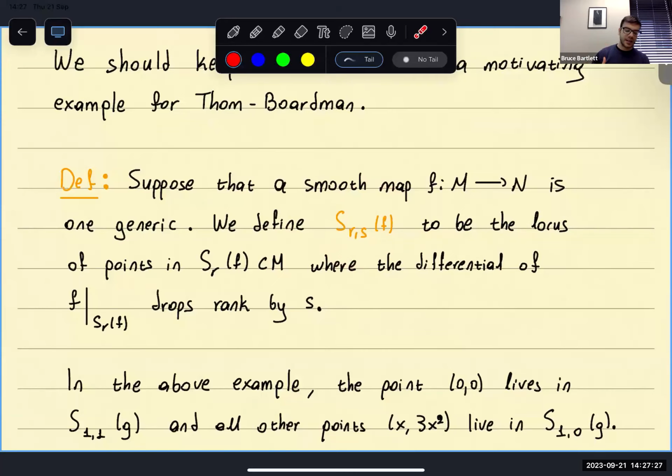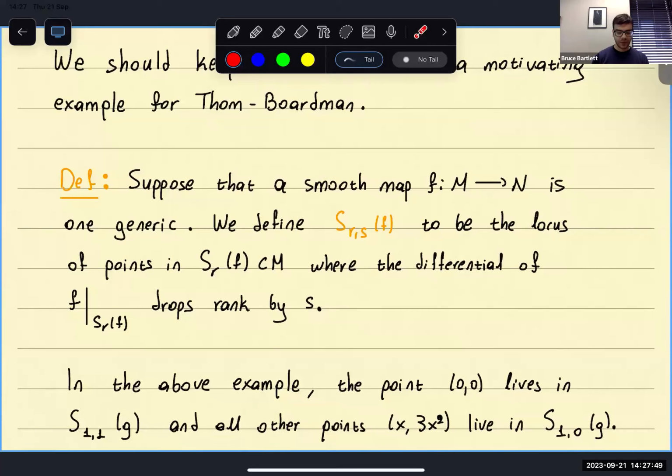And so we can now define subsets of those S_r(F), which I'm calling S_{r,s}(F), and these are going to be the loci of points in S_r(F) where the differential of F restricted to S_r(F) drops rank by s.